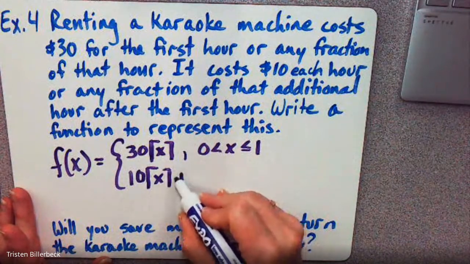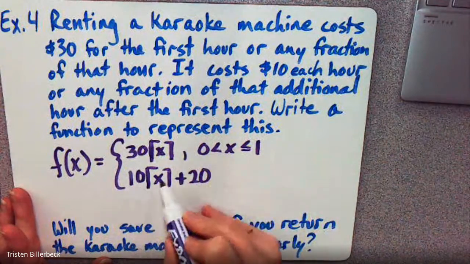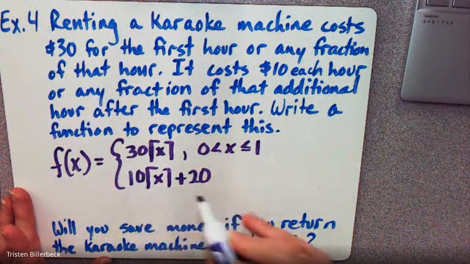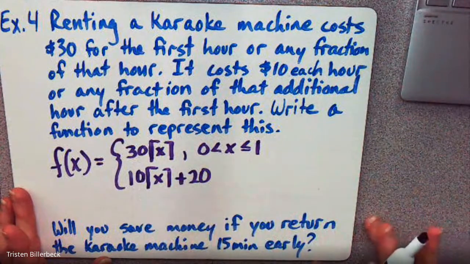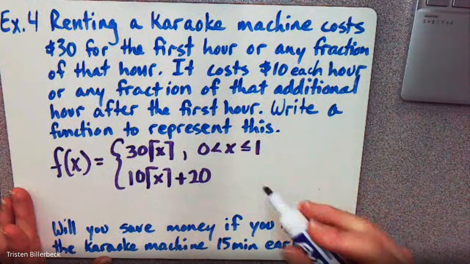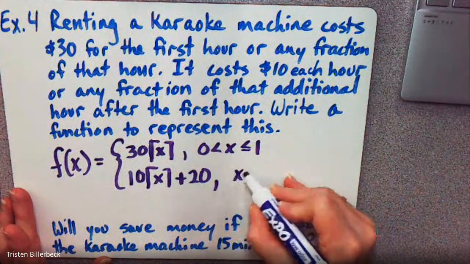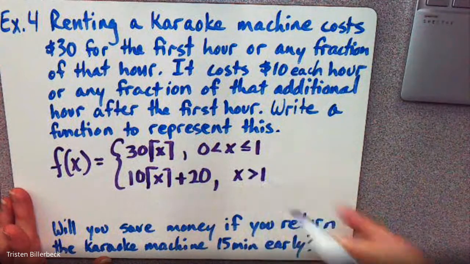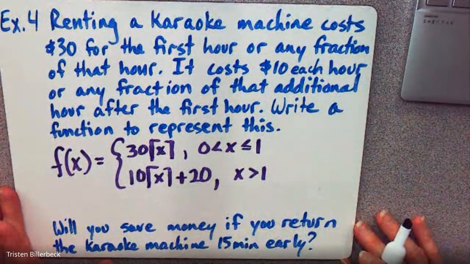But we're going to have to add a y-intercept of 20, because if this is 1, 10 plus 20 equals that 30. Okay? But we have the restriction that x is going to be greater than 1. So that's how we would write that function, that ceiling function.